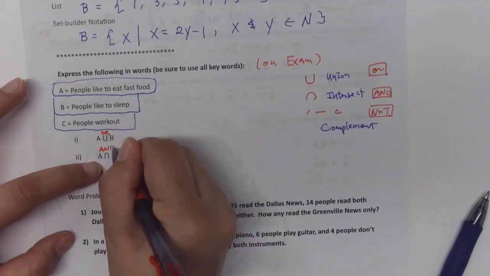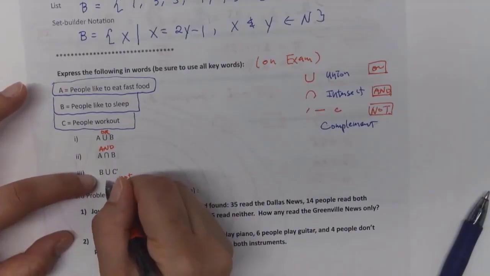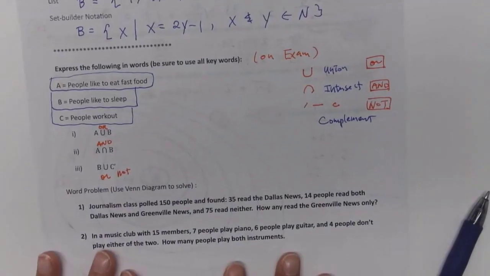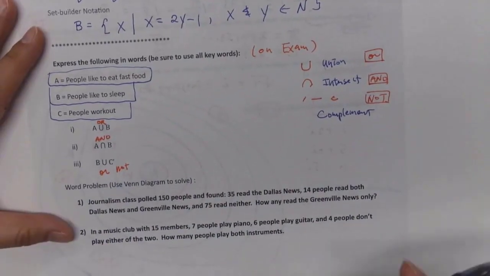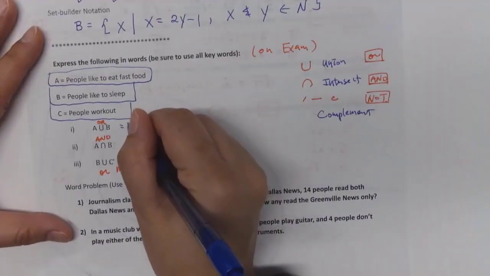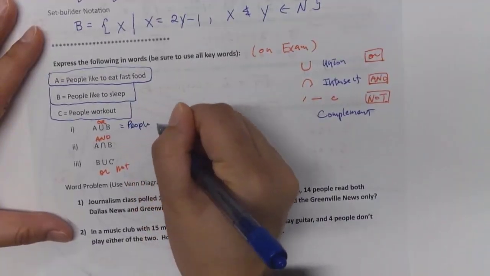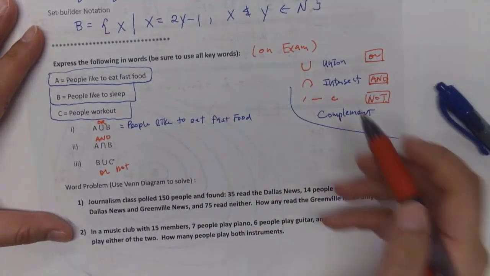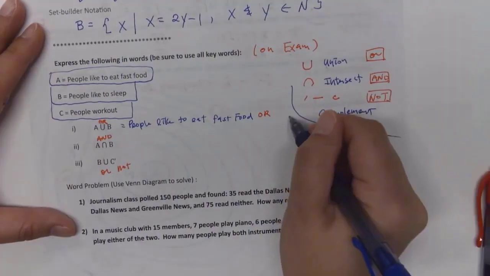And the last one here, but in between we have or. Okay, so I want you to write as straightforward as you can, and then you will get all the credits. A is what? People who like to eat fast food, right? So I'm going to say people who like fast food. The keyword is what? Or, people who like to sleep.